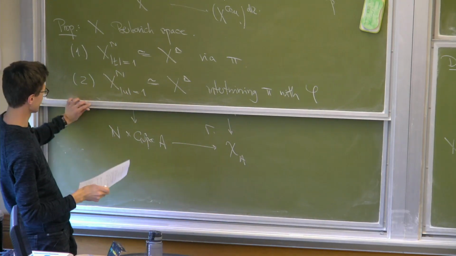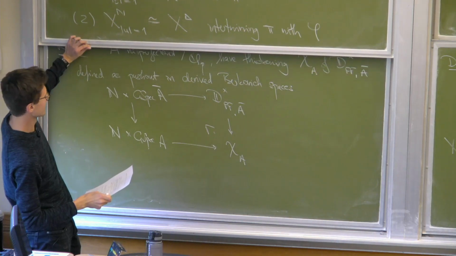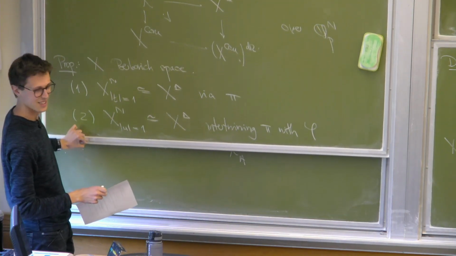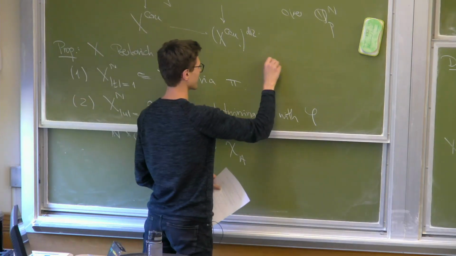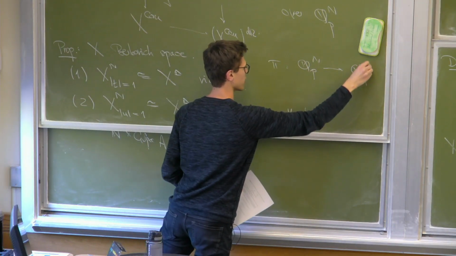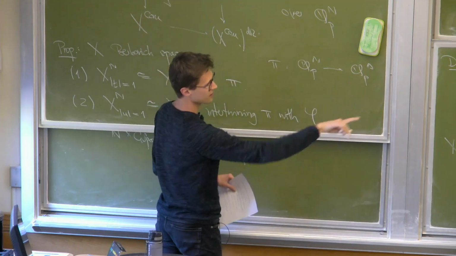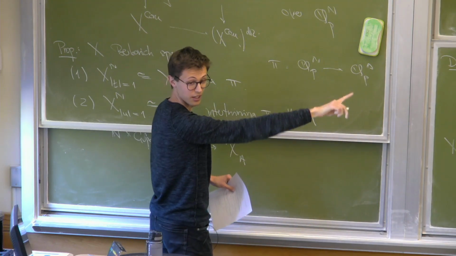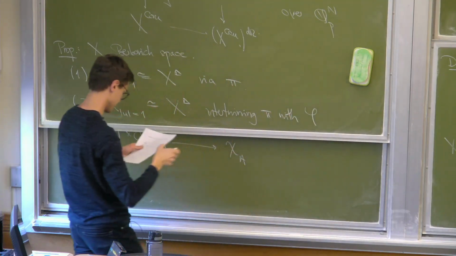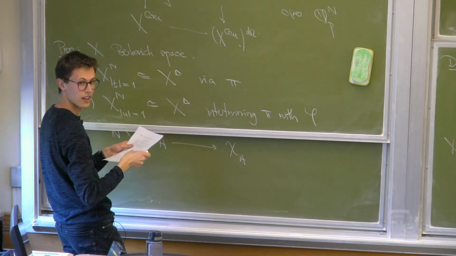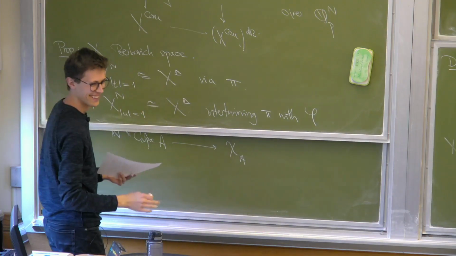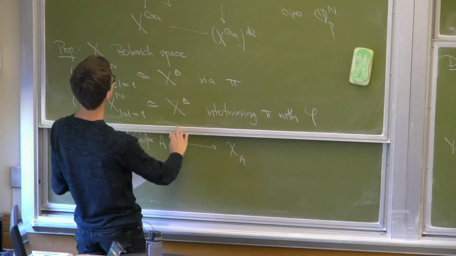I wiped the board, but pi is supposed to be this map from QPN to QP prism, which only remembers the first entry of this triple. But no, you want it for X, I guess. Okay, you can just write it. Yeah, that's what I mean.